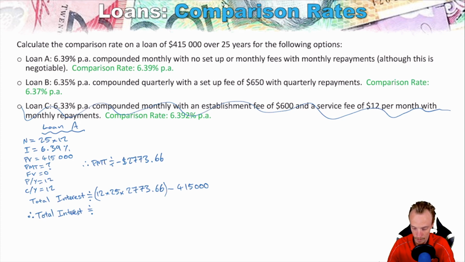Subtract away $415,000. So the total interest is approximately $417,098.